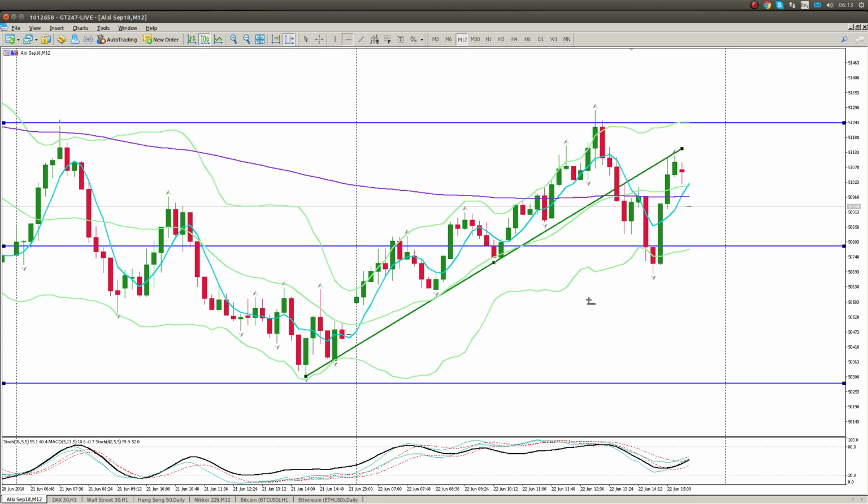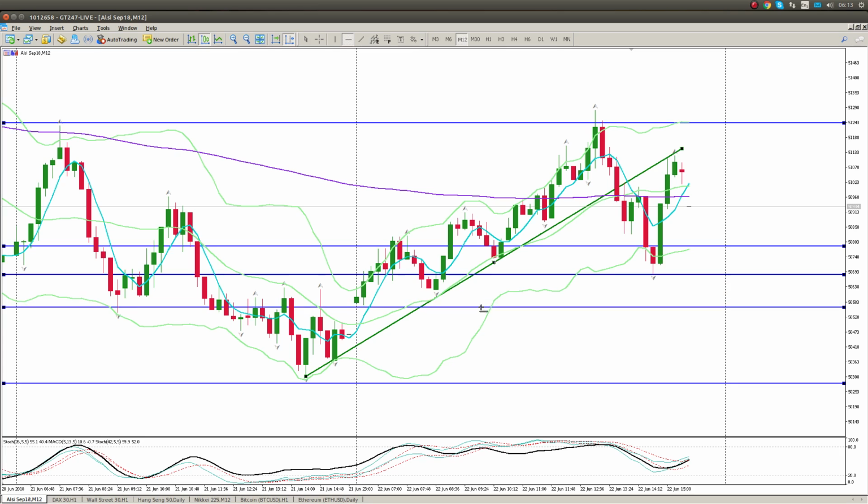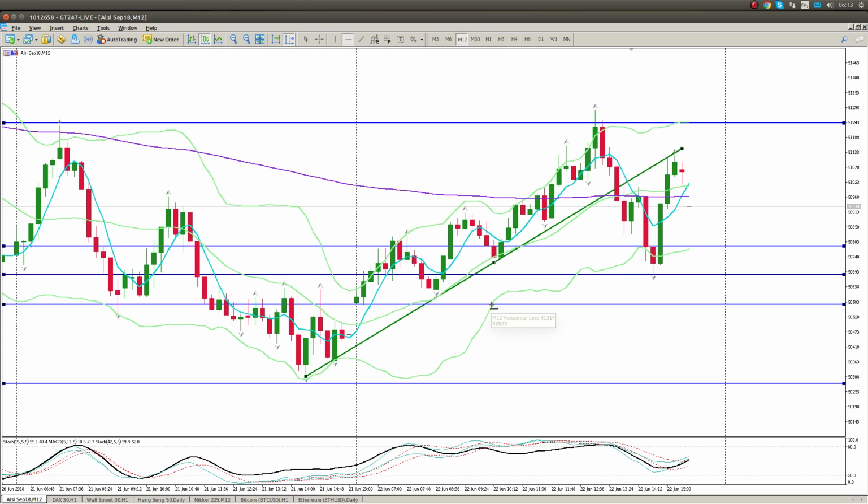Then your second target is going to be this tail. If this gives way, then you have that bottom, and should that give way, you then have this gap, and then you have the bottom of the range. Okay, so those are your levels.